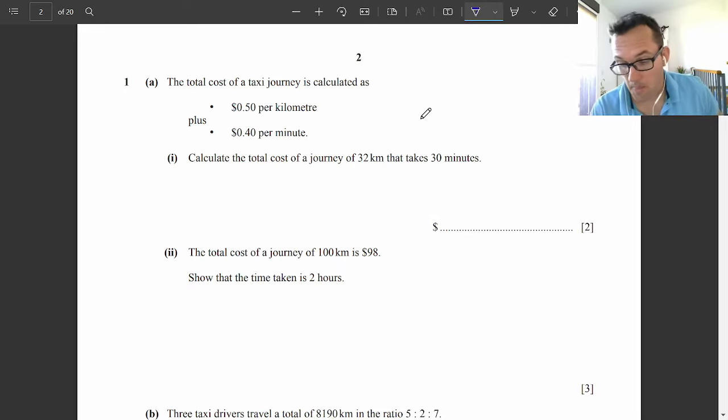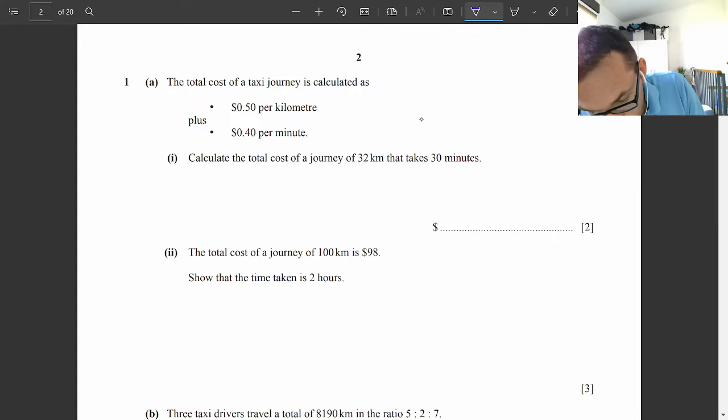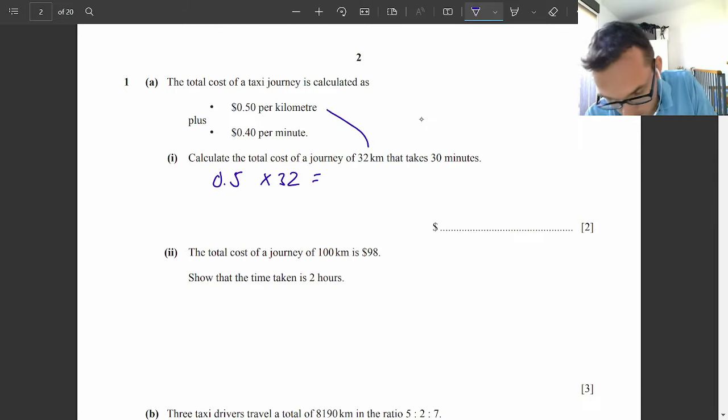Question 1A. The total cost of a taxi journey is calculated as 50 cents per kilometer, 40 cents per minute. Calculate the total cost of a journey of 32 kilometers that takes 30 minutes. Right, so easy stuff. Kilometers is 0.50 times 32, which will give us $16.